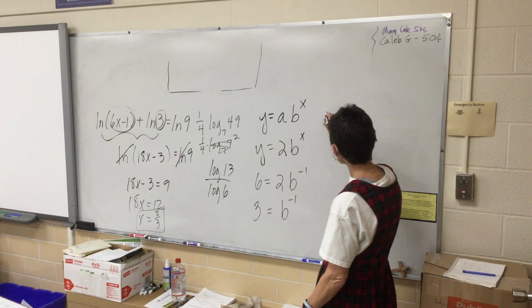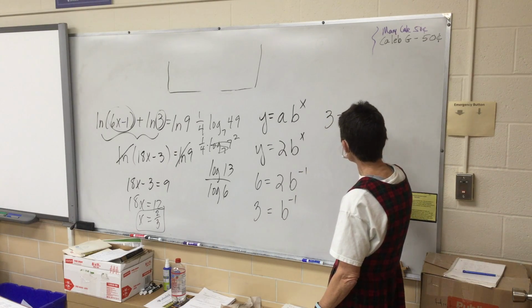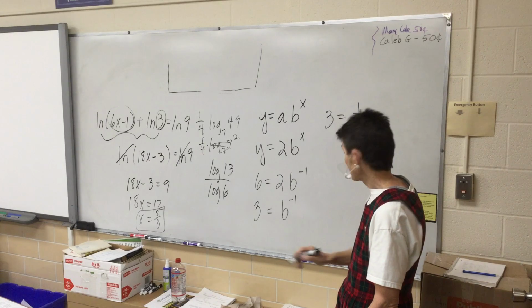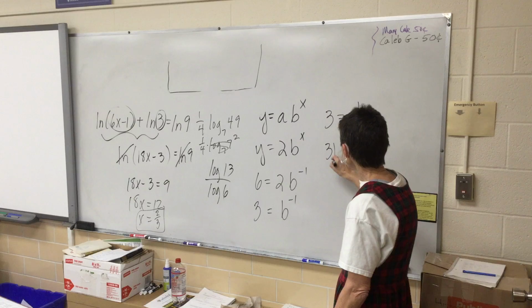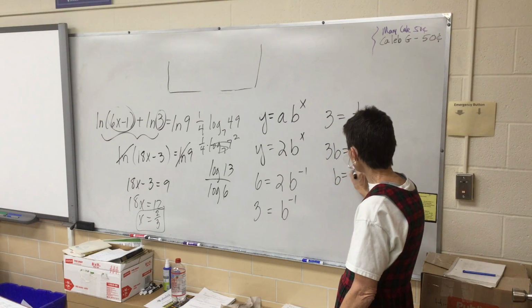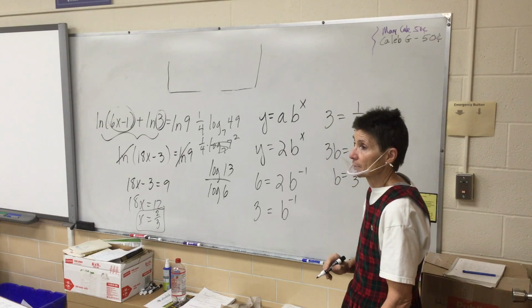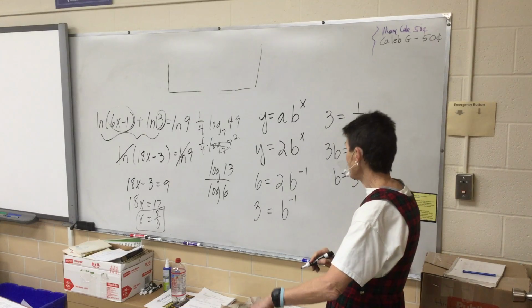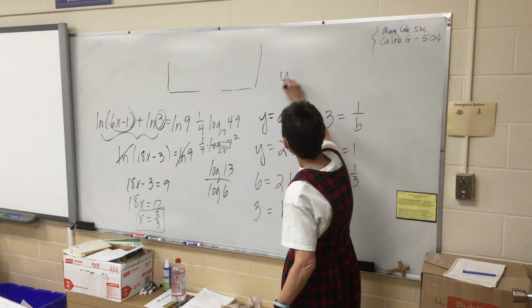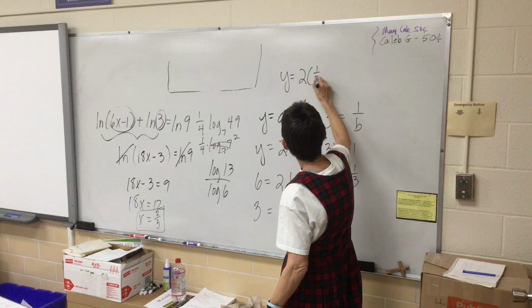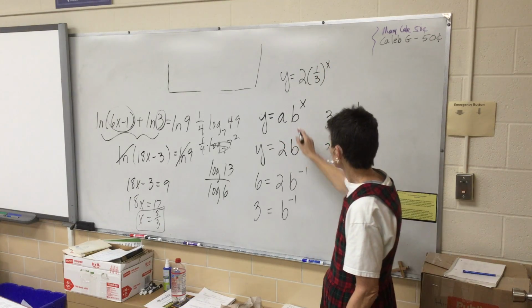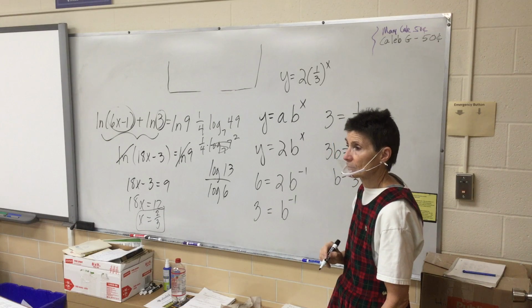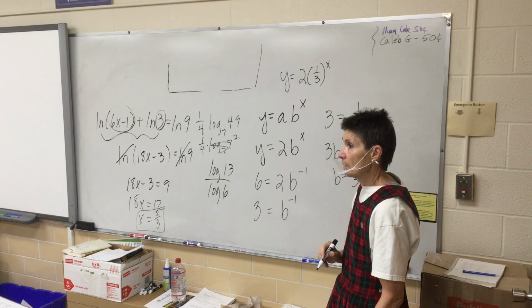The rest of you are going to say 3 equals 1 over b, because that's what b to the negative first is. So 3b equals 1, and b equals 1/3. Then you'll remember to write your equation: y equals 2 times (1/3) to the x. Okay, comfortable?